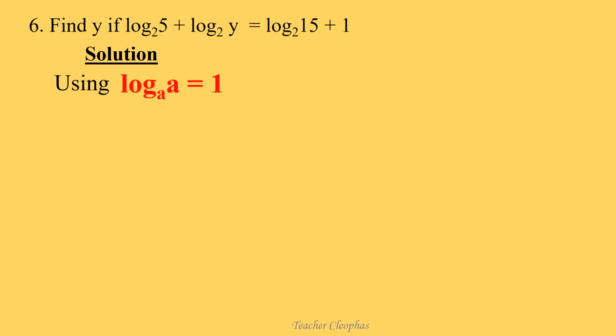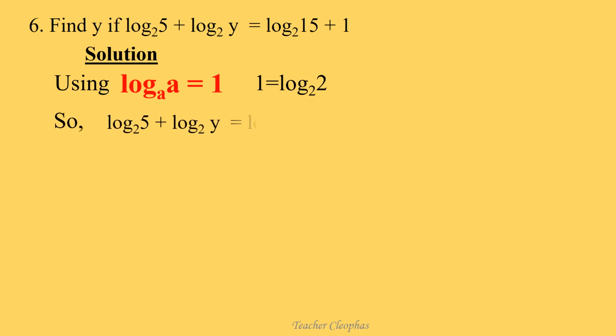So it means that 1 can be expressed in terms of logarithm, and this is the logarithm of 2 to base 2. We are expressing in terms of logarithm to base 2 because the rest have base 2. So we want to make sure that everything takes the same base.